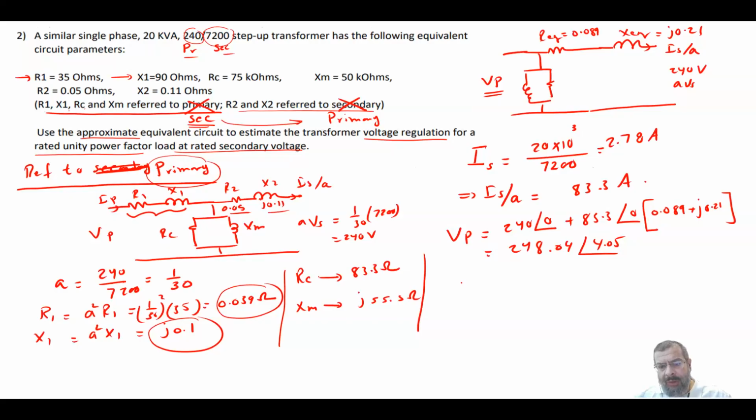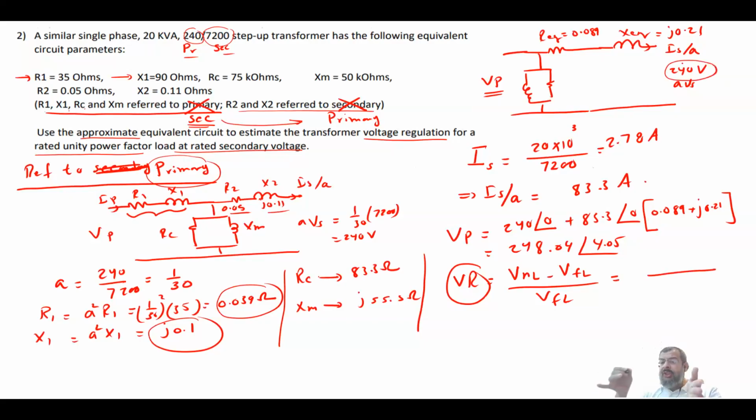Now, what is the voltage regulation? Voltage regulation is equal to V at no load minus V at full load, divided by V at full load, where at the secondary side, the voltage regulation is basically the secondary side. Now, the V full load is basically the voltage at the rated condition.